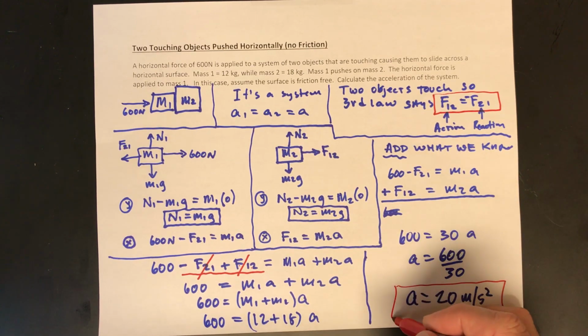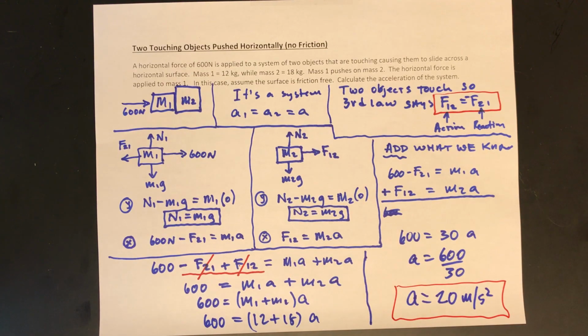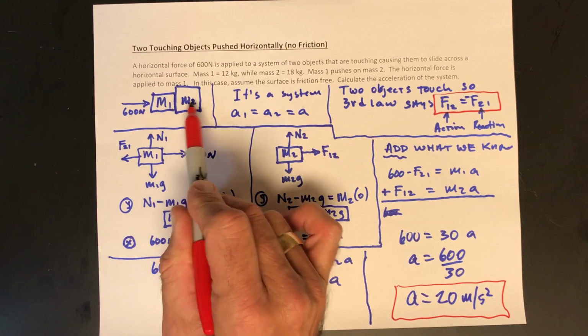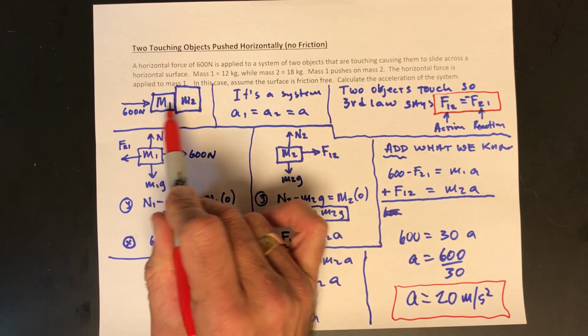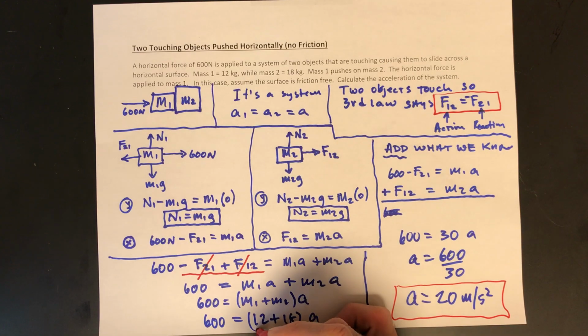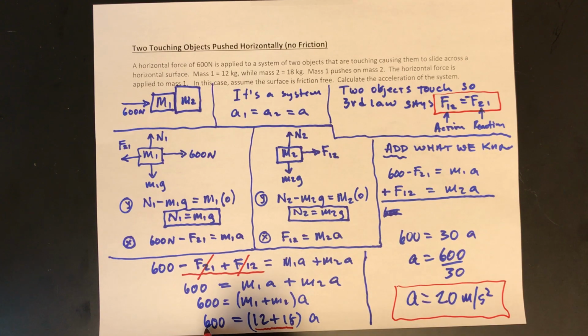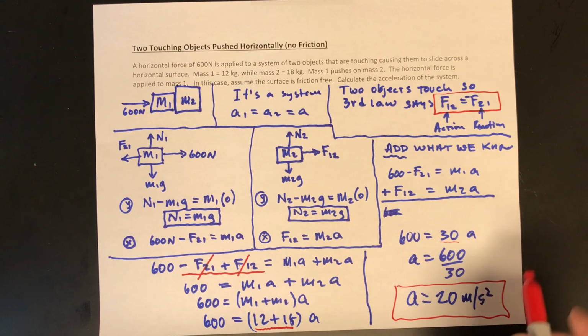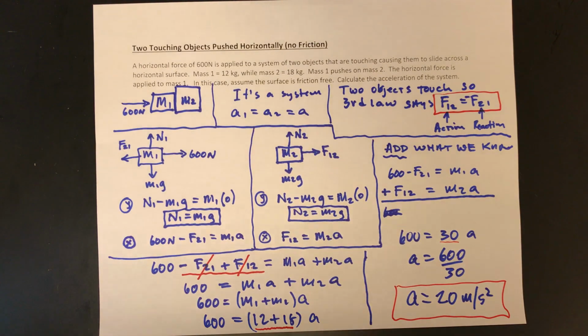So we've answered the question. And I just want to point out that in effect, if you have a system of masses which are touching one another, you're pushing the combined mass. That's what this is right here. So a force of 600 pushes on a combined mass of 30, so the acceleration is going to end up being 20 meters per second squared.